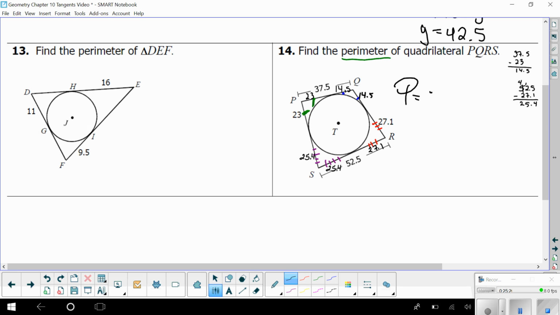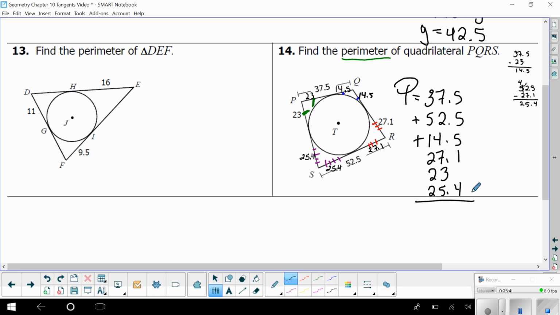So 37.5 plus the 52.5, we already had those, plus these guys right here. 14.5, the 27.1, the 23, and then the 25.4.